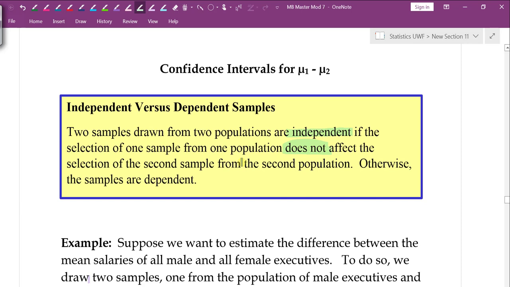Okay, so independent samples means, simply put, that when you draw a random sample from one population, it has no effect at all on the random sample drawn from the second population. Otherwise, the samples are dependent. So we either have dependent or independent samples. Those are our only two options.